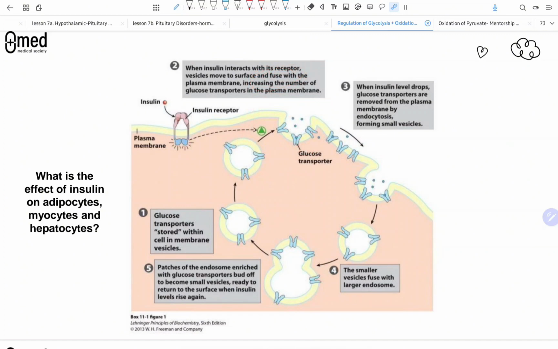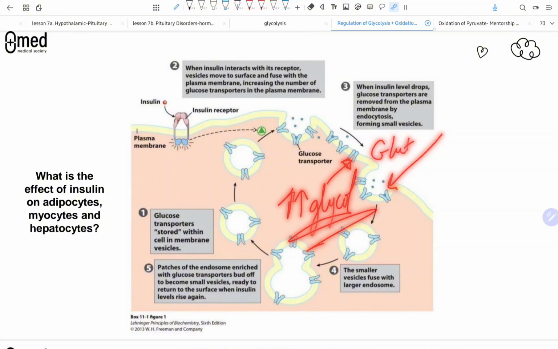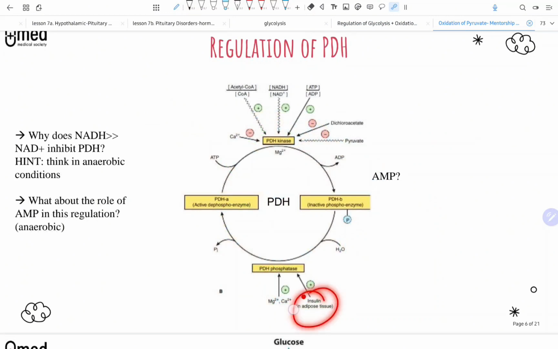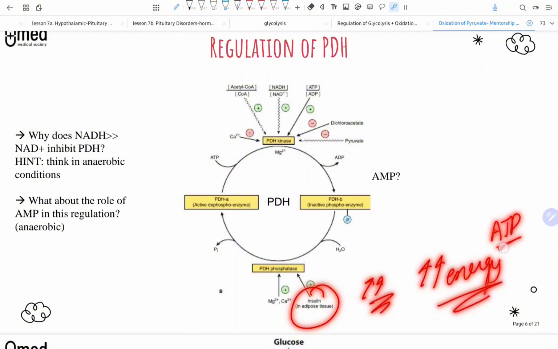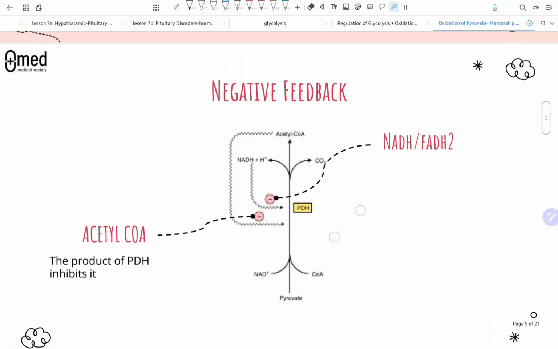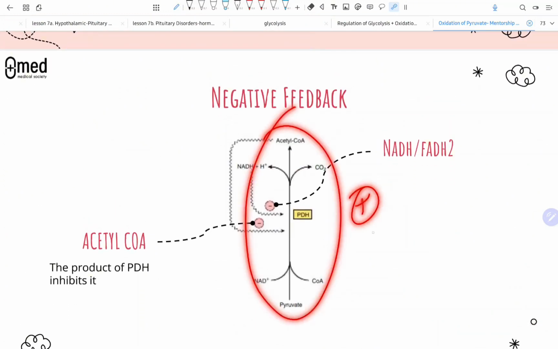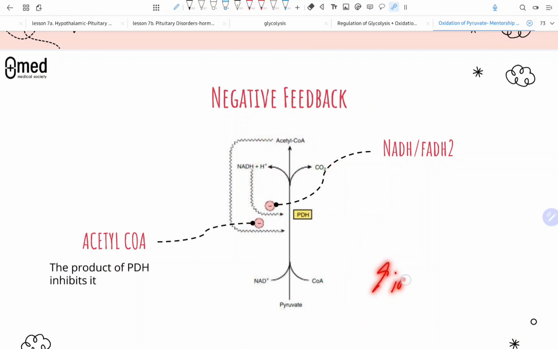So basically, insulin here is increasing these GLUT receptors, and glucose is coming in, so it's promoting glycolysis, right? So if I come back here, we remember how insulin works, then this is most likely to activate PDH, right? Because when insulin is increased, this means we have an increased energy demand for ATP, which means this reaction is favorable. This reaction is favorable when insulin is increased in the blood.